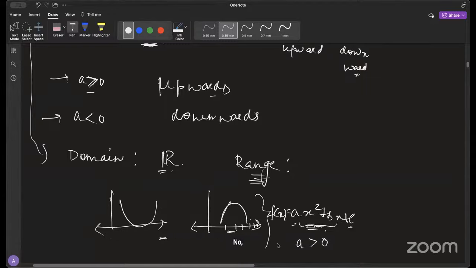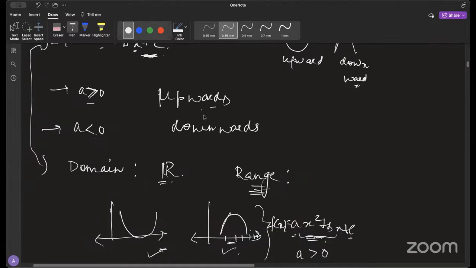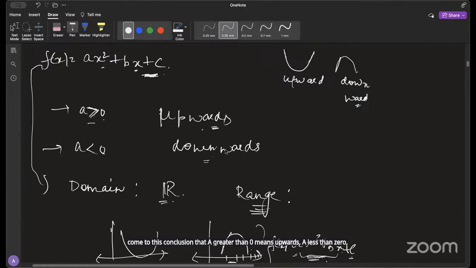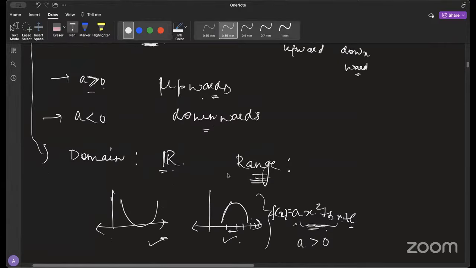No, we're just trying to identify which one is correct in these two. We're trying to make sense of how we come to the conclusion that A greater than 0 means upwards and A less than 0 means downwards.